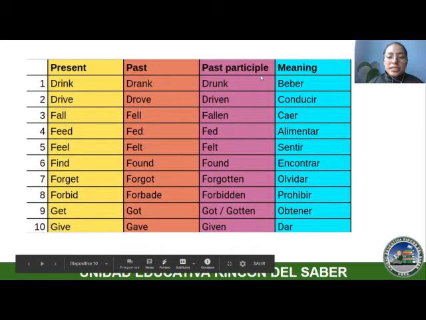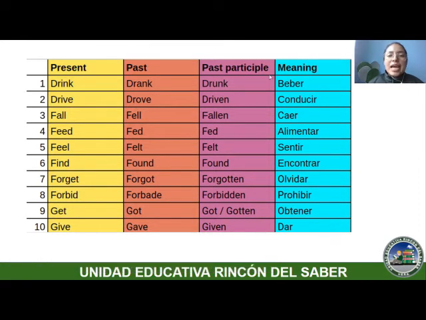In past participle, given. And meaning, dar. Okay? Can you see the difference between regular and irregular verbs? ¿Pudimos ver la diferencia entre los verbos regulares e irregulares? Okay, very good. In this case, the form of the verb changes.